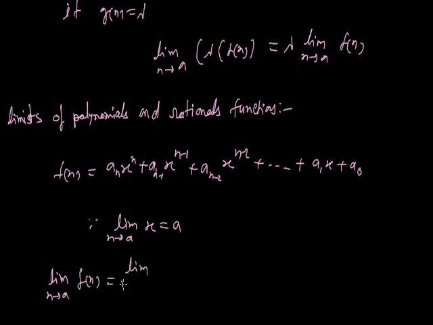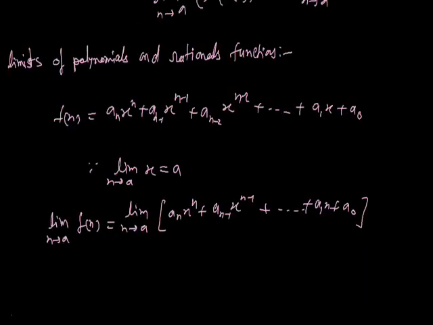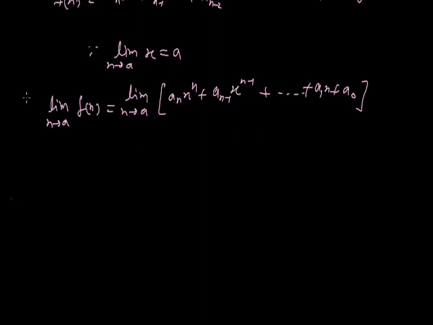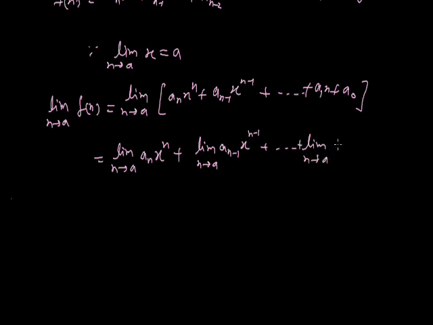Now we have to find the limit x tends to a of f(x), which is equal to limit x tends to a of a_n x to the power n plus a_(n-1) x to the power n minus 1 plus a_1 x plus a_0. Using the properties of algebra of limits, we can write it as limit x tends to a of a_n x to the power n plus limit x tends to a of a_(n-1) x to the power n minus 1 up to limit x tends to a of a_1 x plus limit x tends to a of a_0.